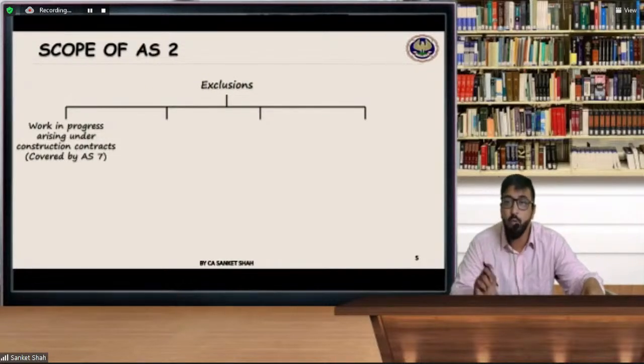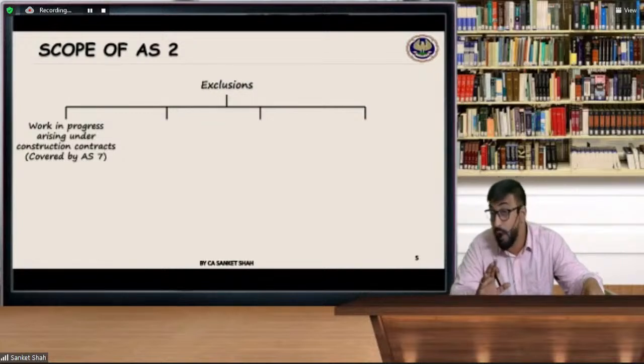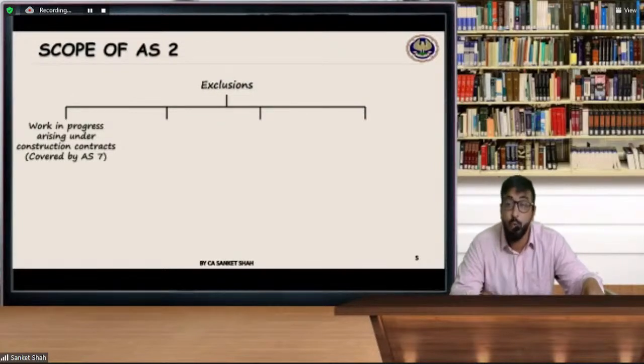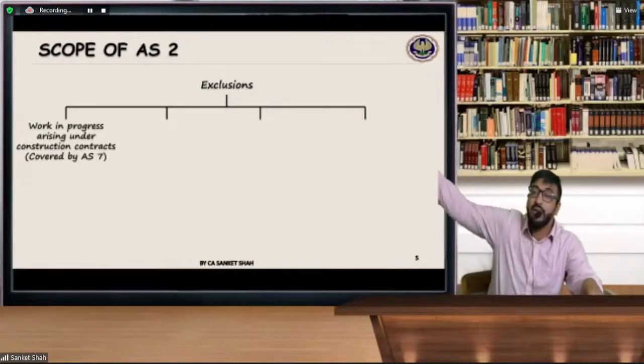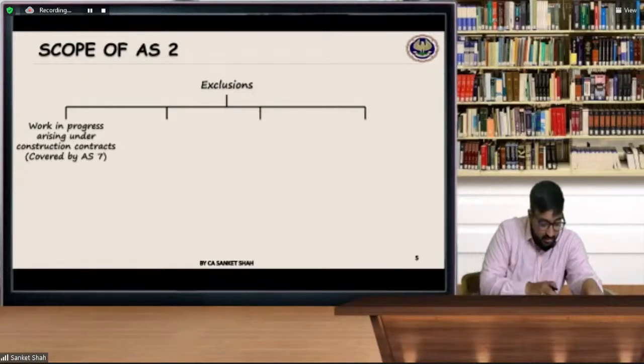And if work in progress arises under accounting standard 7, which you have in Group 2, Group 2 faculty will take care of accounting standard 7. So the WIP which arises due to a construction contract is covered there. How to do valuation of that WIP is not as per the principle of AS 2. It is scoped out because another standard will take care of this.